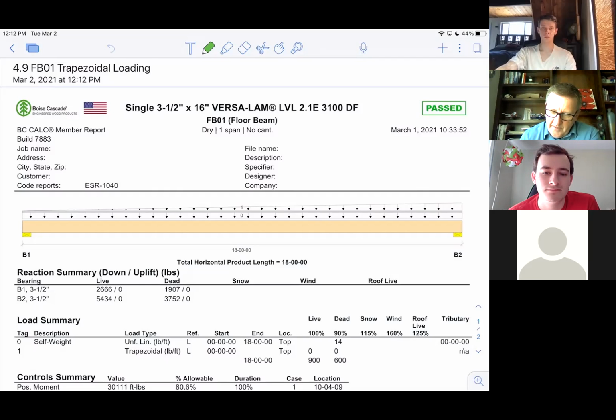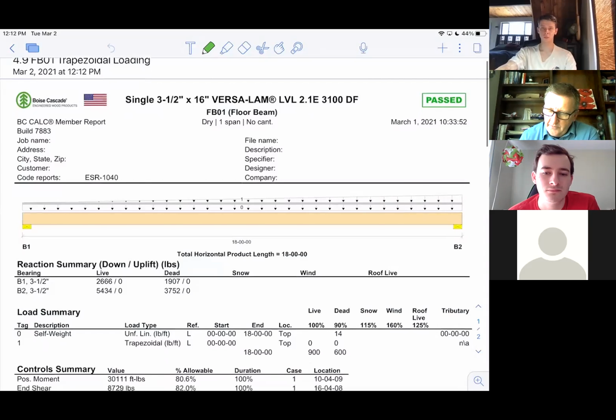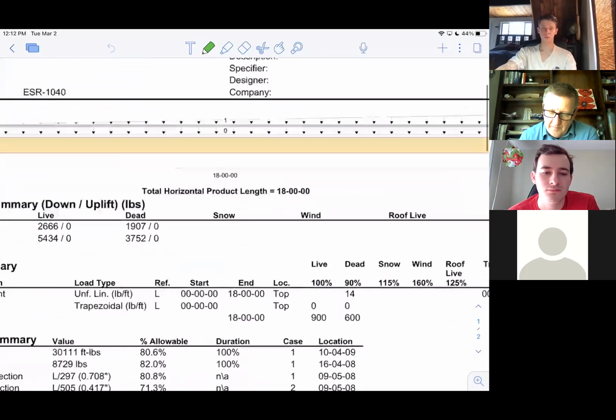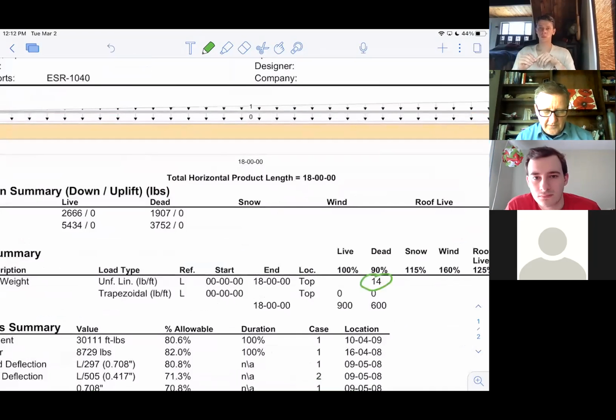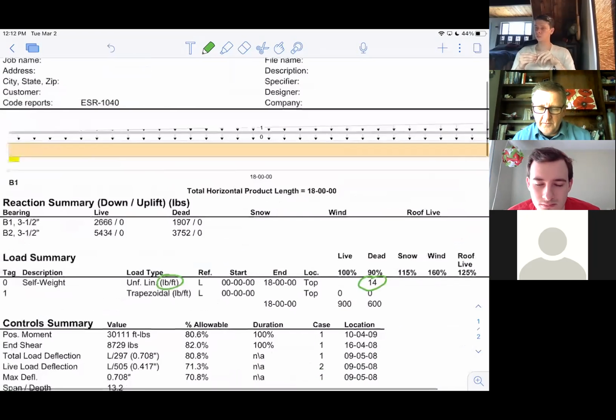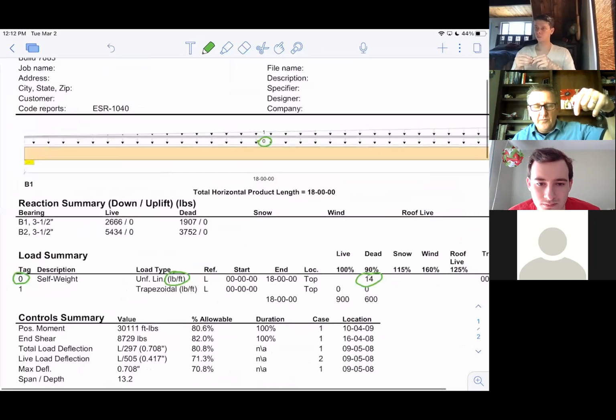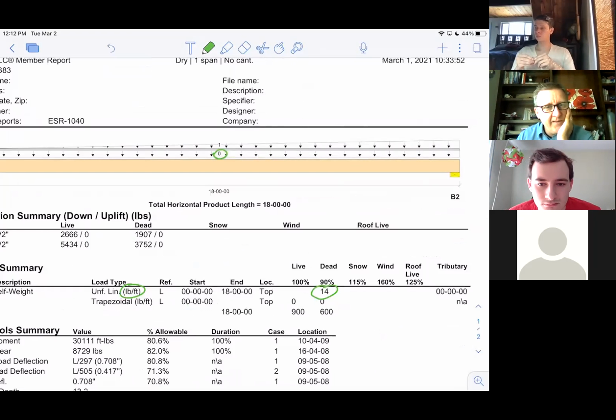Down here, like what I showed you before, it's got 14 pounds per foot, which is the weight of the beam, and that's considered the tag. It says 0, that's the 0 load. Do you see how that's just a bunch of rectangular arrows running down the length of the beam? So that's 14 pounds a foot.